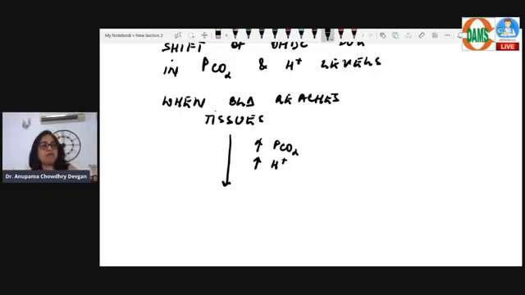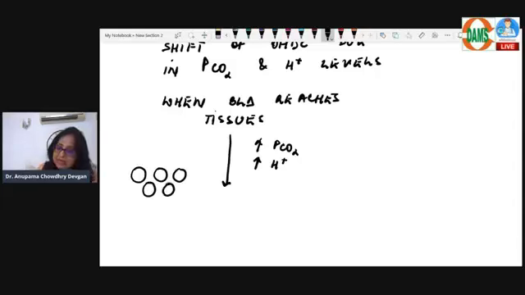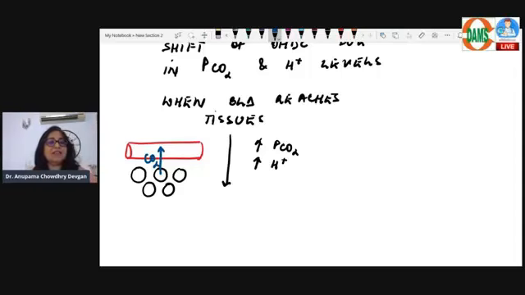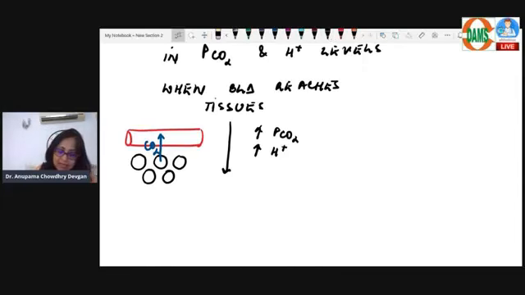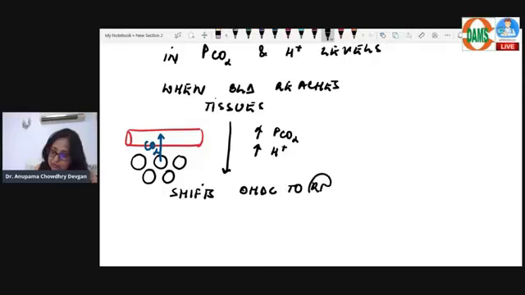CO2 will diffuse from the cells into the blood vessel. This increases the CO2 in the blood as well as the H plus, and this shifts the oxygen hemoglobin dissociation curve to the right.